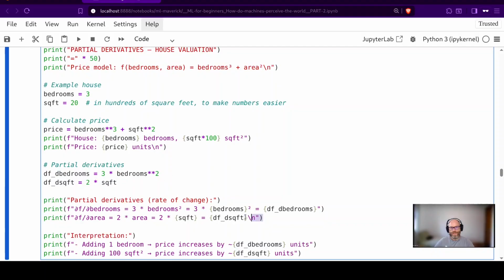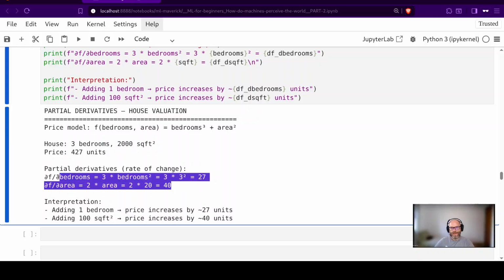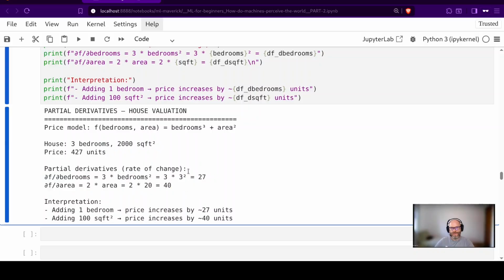And then printing the calculated values and some interpretations. To run this code, I will simply hit Shift Enter. So the output shows the price model, the house and the price, and the partial derivatives.